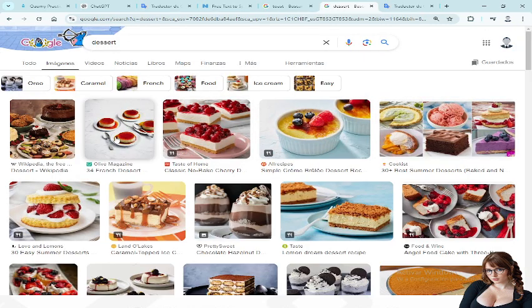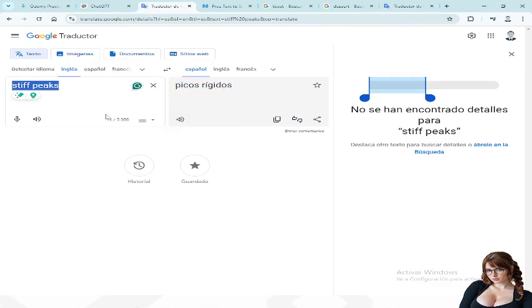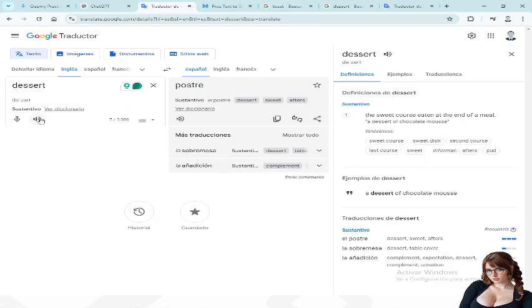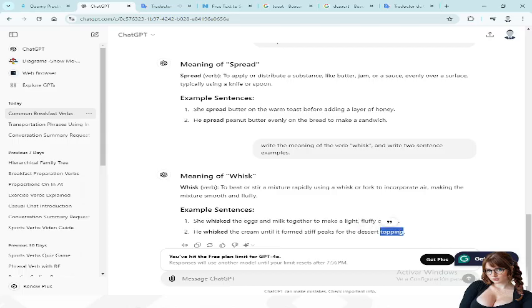We have a delicious dessert. Dessert, yes, this is the correct pronunciation.